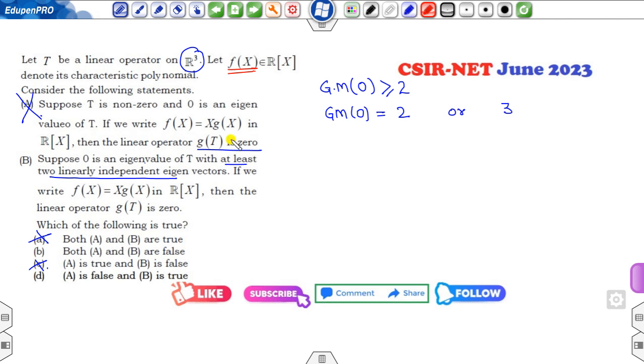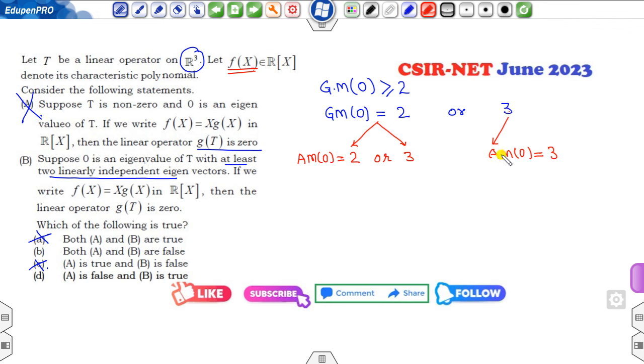If the geometric multiplicity of 0 is 2, the algebraic multiplicity is either 2 or 3. But if the geometric multiplicity of 0 is 3, then the algebraic multiplicity of 0 is also 3, because the algebraic multiplicity can't be less than the geometric multiplicity.